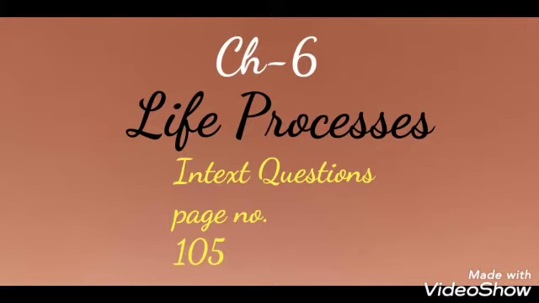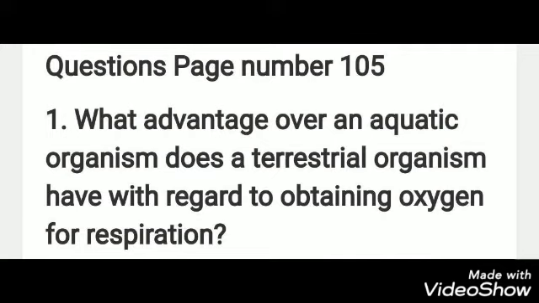The first question is, what advantage over an aquatic organism does a terrestrial organism have with regard to obtaining oxygen for respiration? Now we all know that terrestrial organisms breathe by using atmospheric oxygen, whereas aquatic organisms take oxygen dissolved in water.